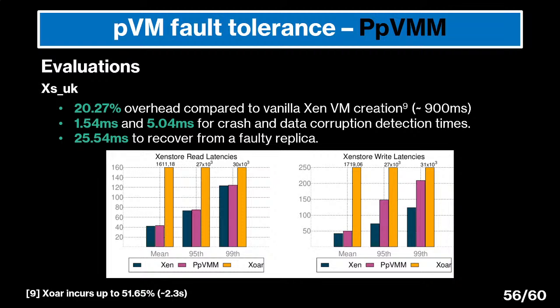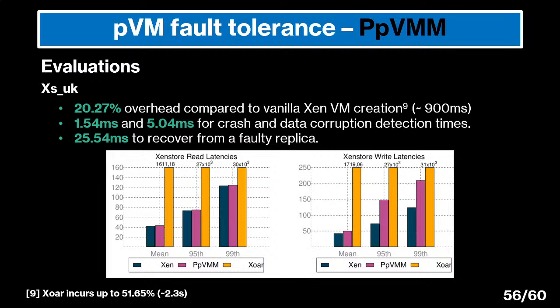But it is better than the approach that consists of rebooting the different components, called XOAR, which imposes up to 51% overhead, corresponding to 2.3 seconds. We are able to detect crash or data corruption 1.5 and 5.5 milliseconds after it has been triggered, and we are able to recover from a faulty replica in 25.5 milliseconds.